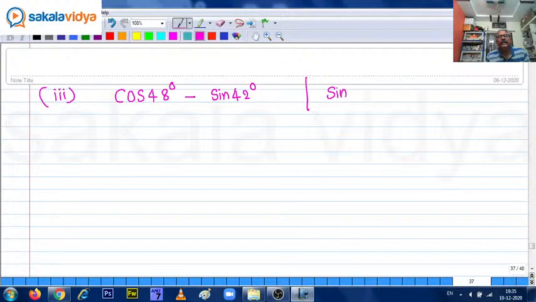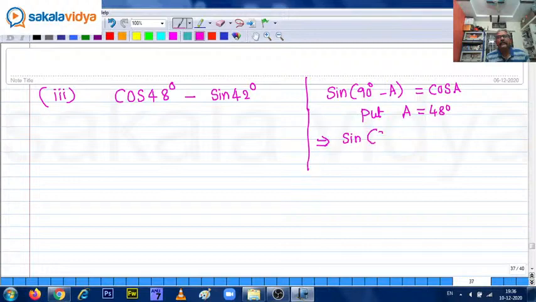So sine of 90 degrees minus A equals cos A. So put A equals 48 degrees because we need to get the cos 48 value. So now we get sine of 90 degrees minus 48 equals cos 48 degrees.